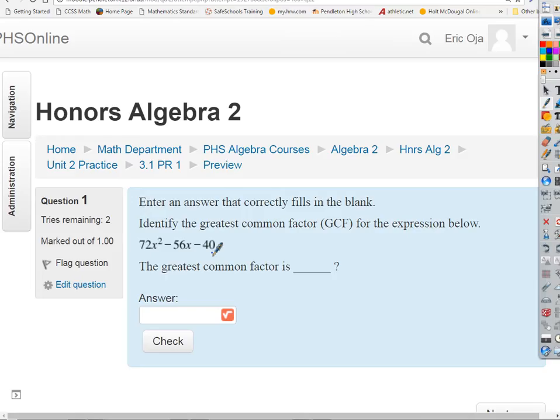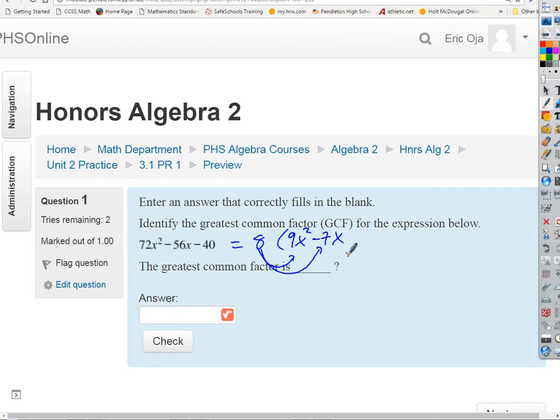Here's how we can know if we got it right, though. This trinomial is then going to be equal to 8 times what, when I undistribute the 8? Well, let's find out. 8 times what is 72x squared? 9x squared. 8 times what is negative 56x? Minus 7x.